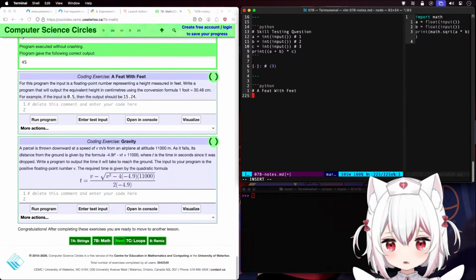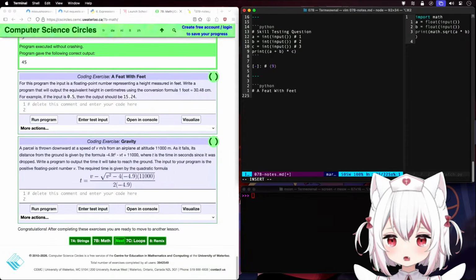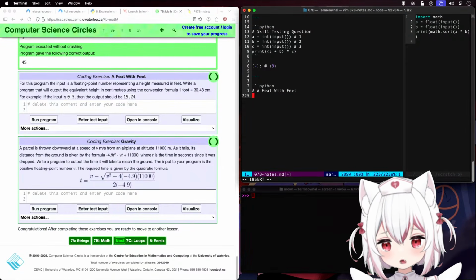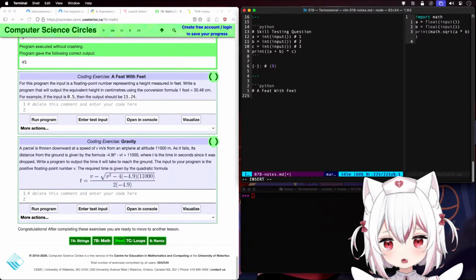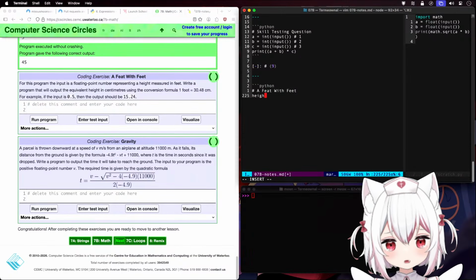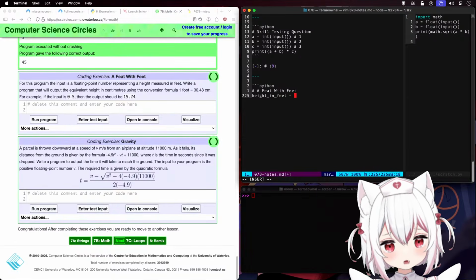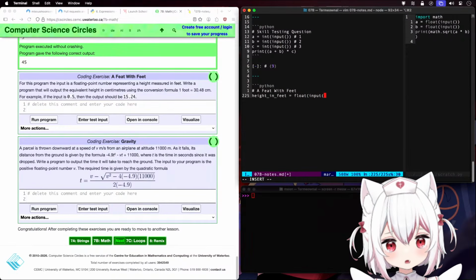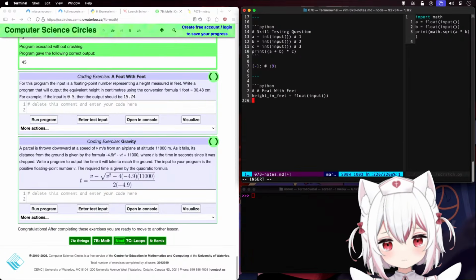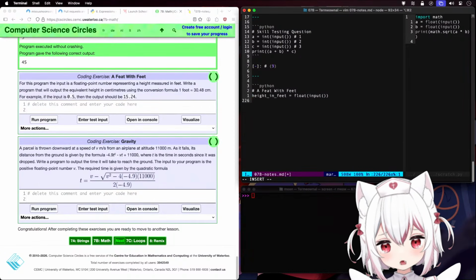A feat with feet. For this program, the input is a floating point number representing a height measured in feet. Write a program that will output the equivalent height in centimeters. Height in feet is a float of an input, using the conversion formula: 1 foot equals 30.48 centimeters.